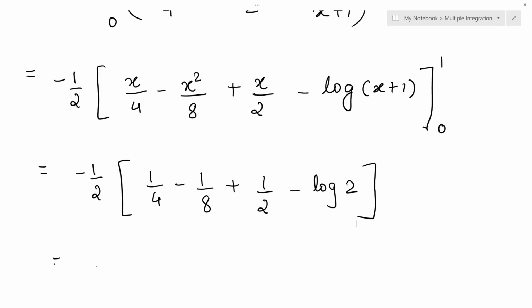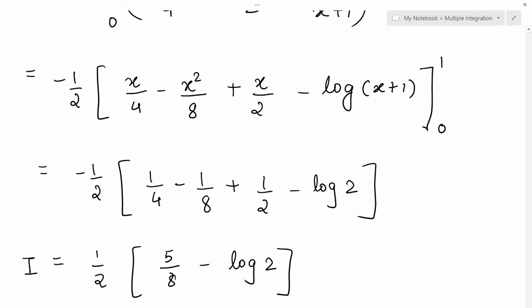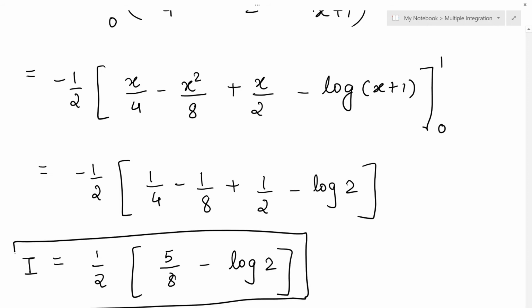After simplification, my final answer for integration I is minus 1 by 2, 5 by 8 minus log 2. You can check whether you're getting the same. So this is the answer for the integration.